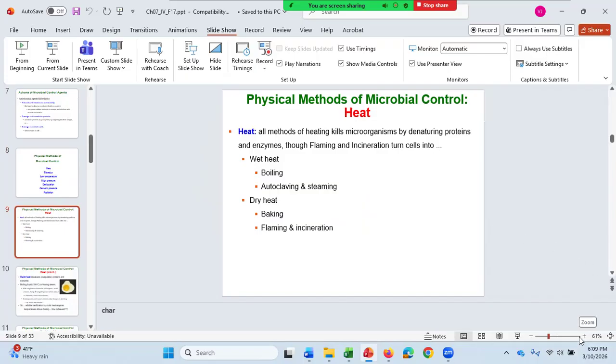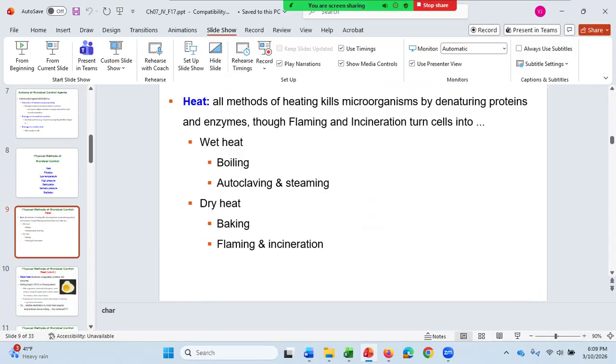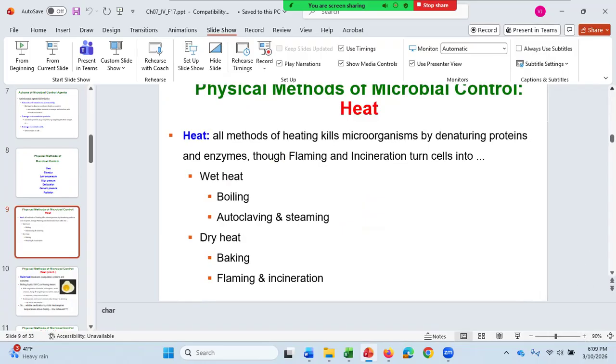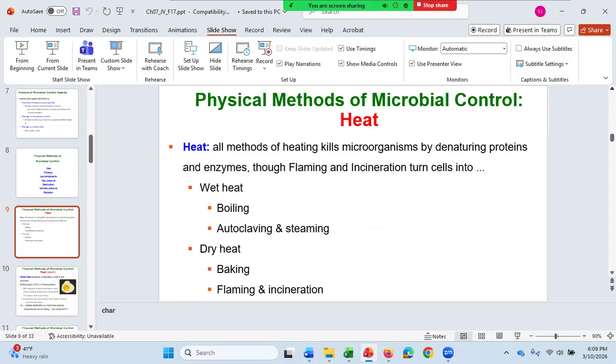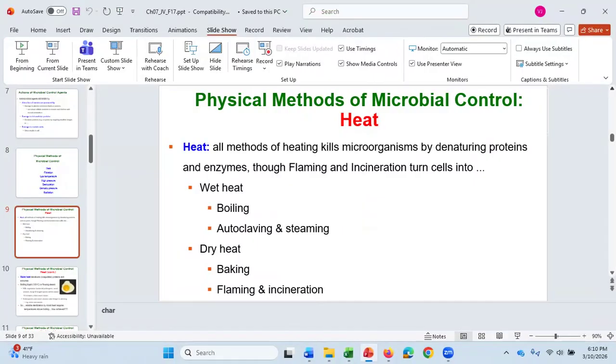Heat is one method which can be used to control microbes. Heat kills microorganisms by denaturing proteins and enzymes. If you flame or incinerate, you can actually turn the cells into char, and obviously that will kill the cells as well.